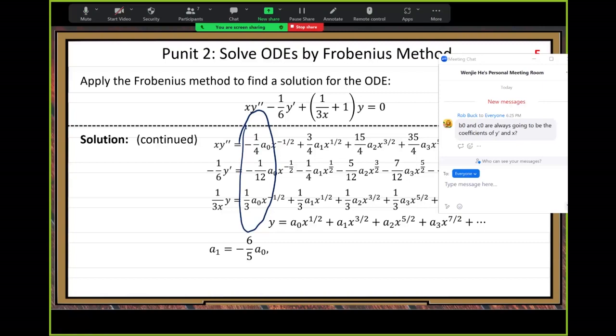If you multiply by 3x on both sides, the alignment is wrong. So you get a y, you get this one, but here we need this term. So do not multiply. Because here we need that term, you need to make this expression.